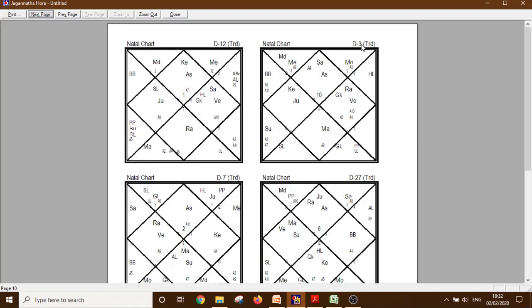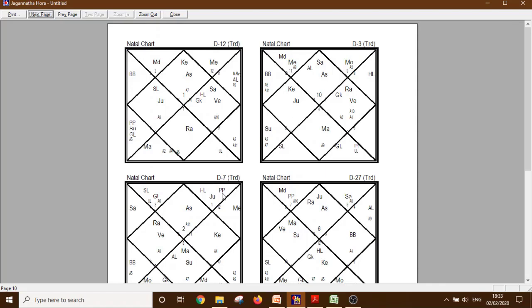D3 is basically the happiness from your co-born, your siblings. What is the truth about your siblings? Are they going to treat you well? Are they going to cheat you, or are they going to cooperate with you? Everything you can look at from the D3 chart.